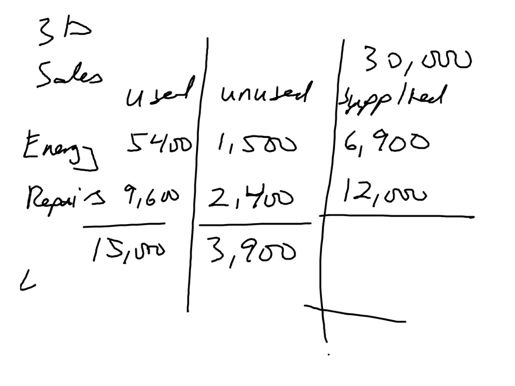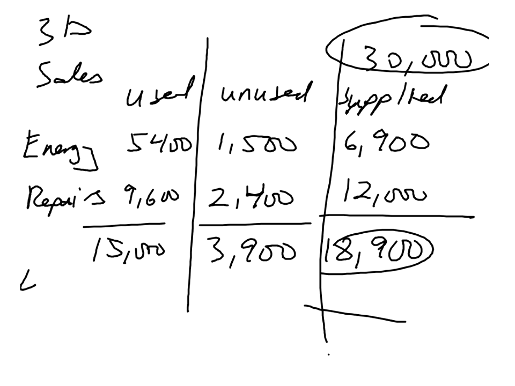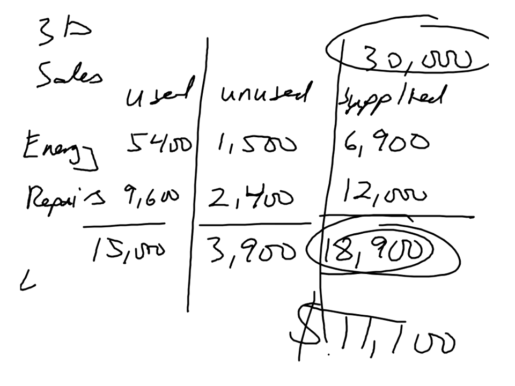And then in the final column, 6,900 plus 12,000, that gives us 18,900 in resources supplied. So that's going to be the same amount right here as it was in Part A. And then at the end, we still take our 30,000 in sales minus our 18,900 in costs, and we get the 11,100 in operating profits.